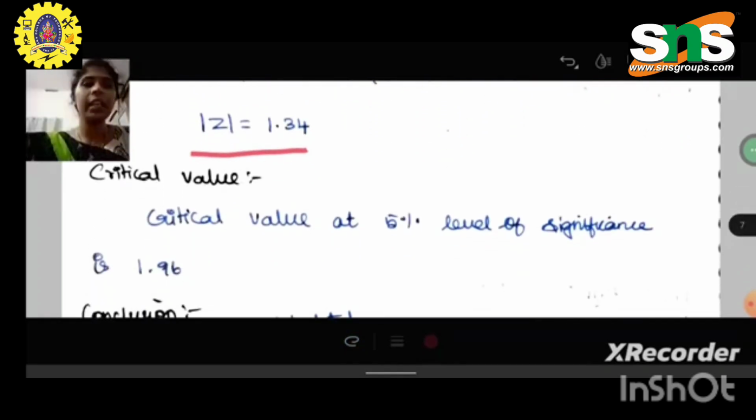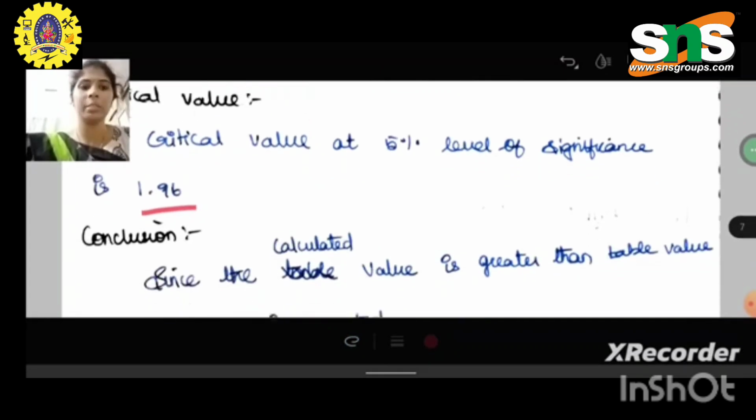Now the critical value at a 5% level of significance, that is alpha equal to 0.05, is 1.96. So now we are going to compare the results of Z calculated and Z table value.